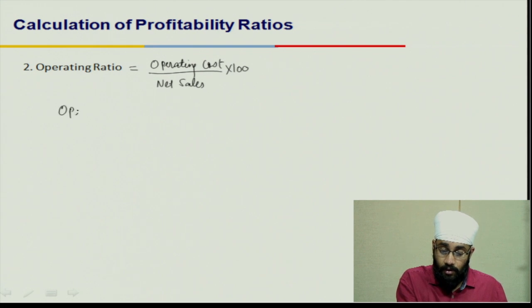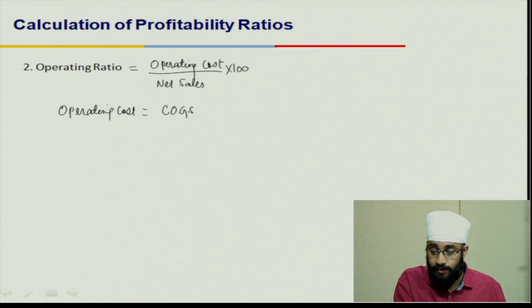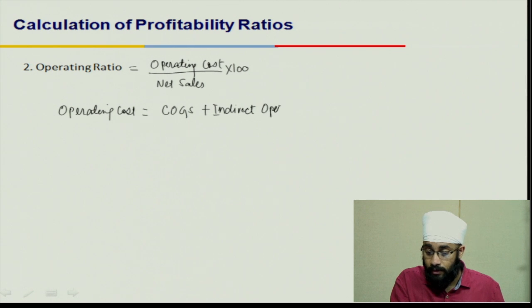Now, operating cost is equal to cost of goods sold, and we add to it any indirect expenses, but these indirect expenses have to be operating expenses. So these expenses have to be indirect and operating expenses.